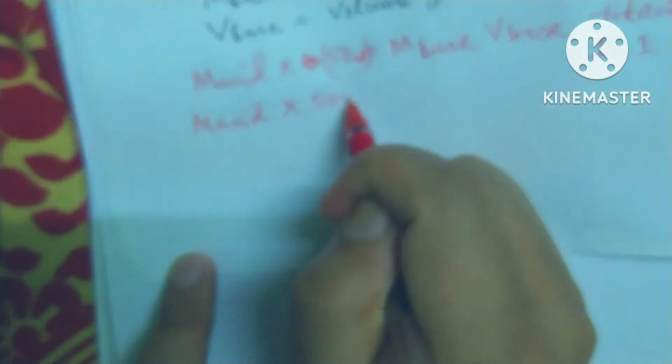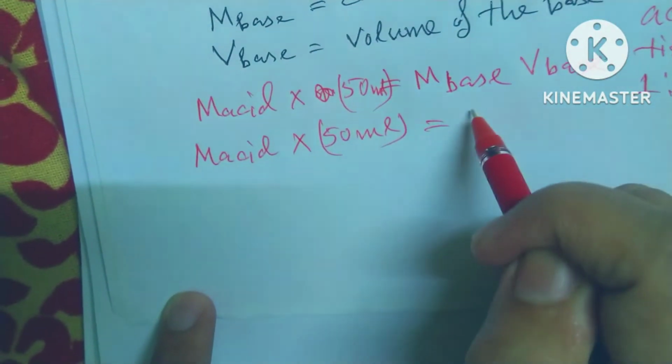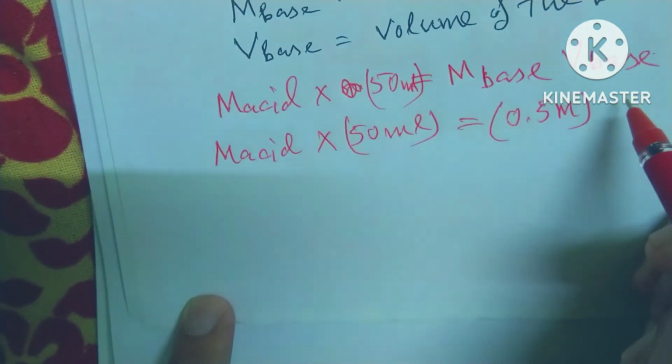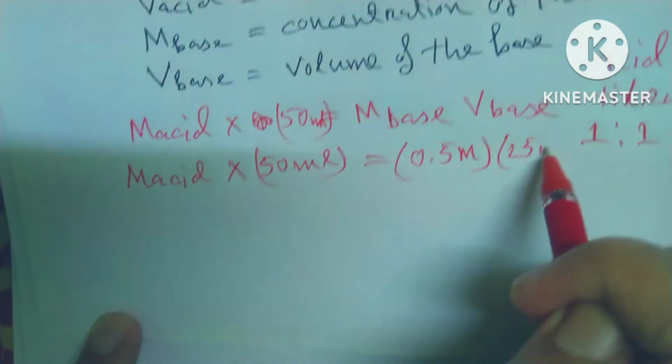So I can write M acid into 50 ml equals M base, which means 0.5 M, and V base is 25 ml.